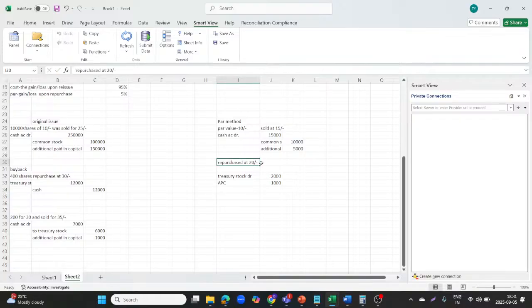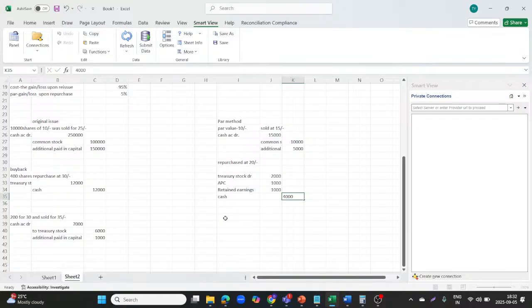Because we have repurchased at 20, bifurcate into 10 and 10: 10 is the par value, 10 is the additional cost. And here we will also debit the retained earnings, if not enough then we will reduce it with the 1000. Now cash will be paid off 4000. This is how you will do it.